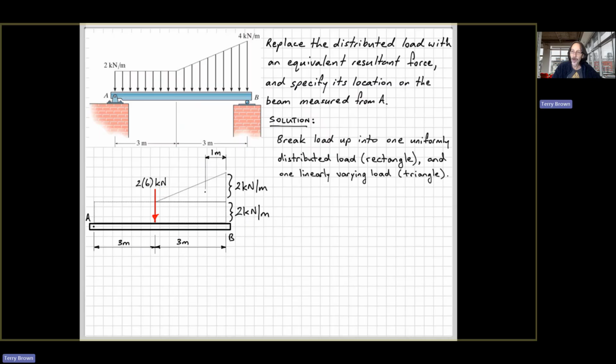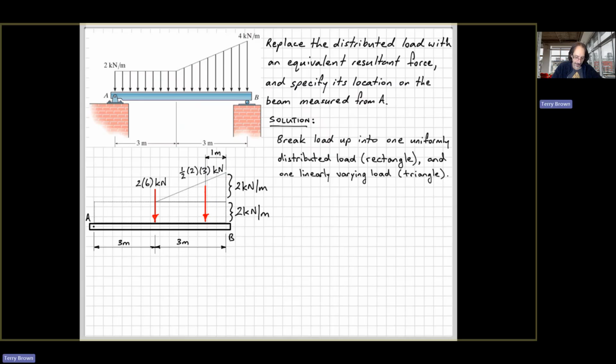And then for the triangle, the centroid of the triangle, which is where the resultant force will act, is, if we take this vertical side here as the base, the centroid will be 1/3 of the length here away from the base. Okay, so it's got a length here of 3 meters, so that distance there is 1 meter.